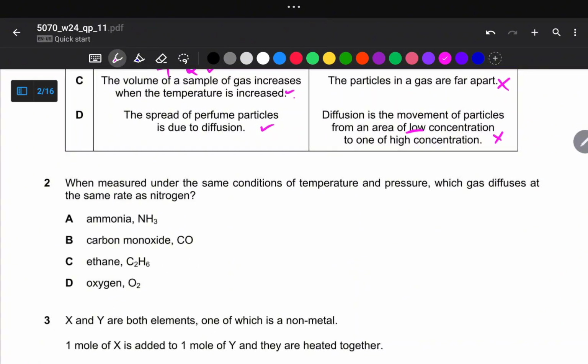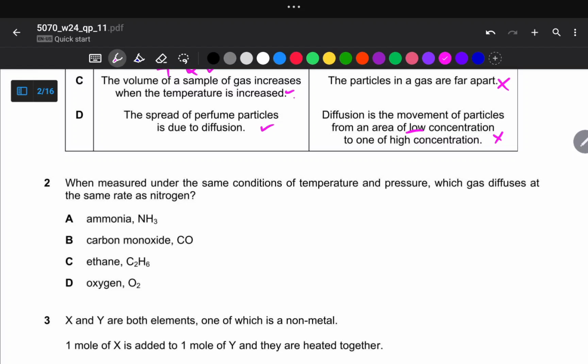So question number two says, when measured under the same conditions of temperature and pressure, which gas diffuses at the same rate as nitrogen? So the rate of diffusion is determined by the molar mass. So according to Graham's law of diffusion, the rate of diffusion depends on the molar mass.